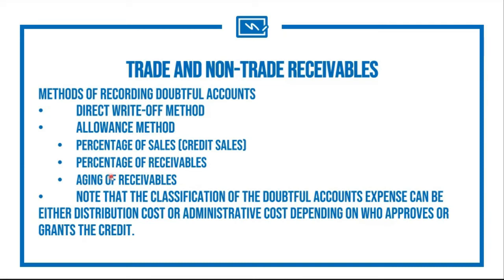Okay? Aging of receivables is more complicated because what you're going to do there is to group first your receivables based on their age or kung overdue na sila or hindi pa, at kung overdue na, how many days overdue, so that you can determine what percentage of these receivables are still collectible, okay, and the percentage that is uncollectible, tapos yun yung gagamitin mong amount.